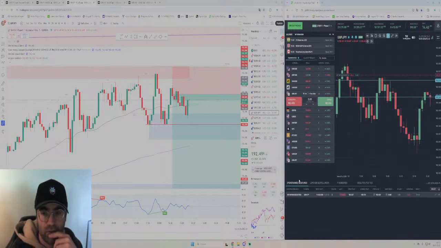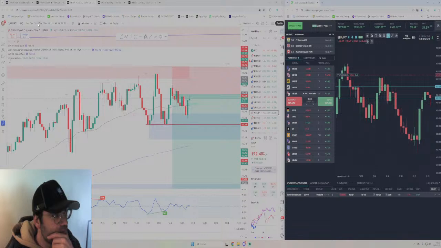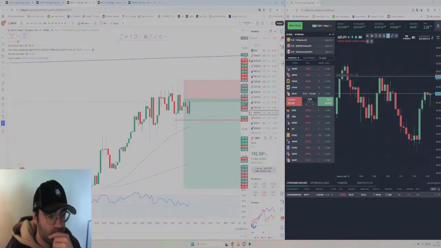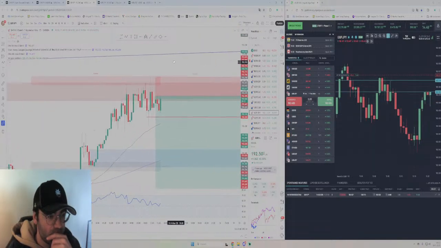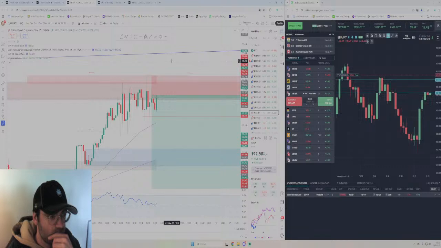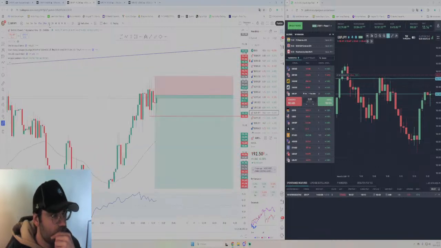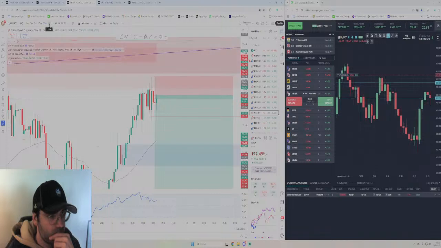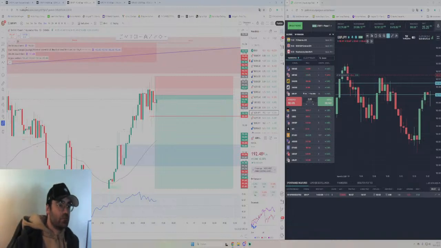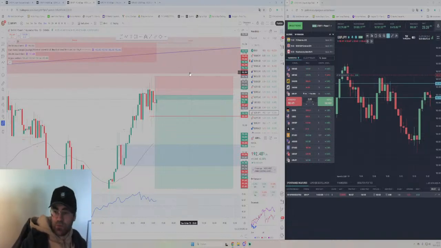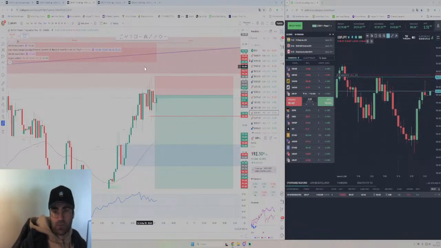I don't like it that it's fighting this much. I think I might exit the trade. Feels like it's just an uphill battle, this trade.